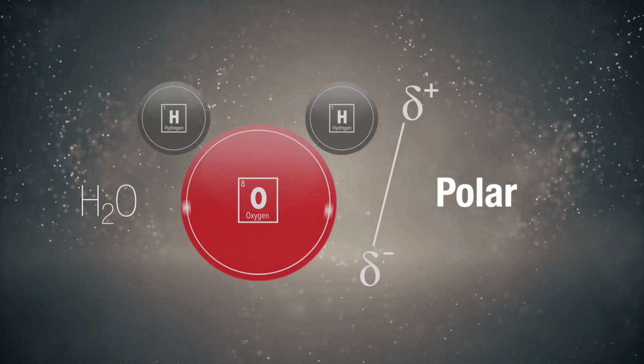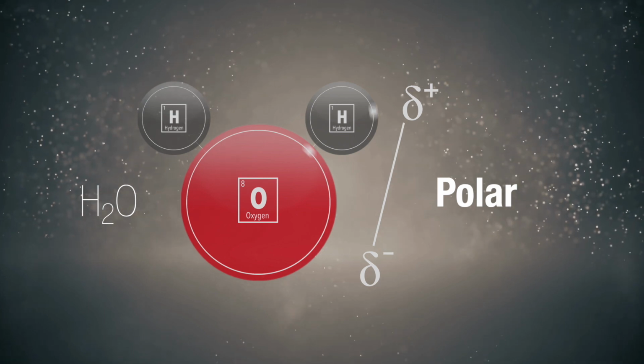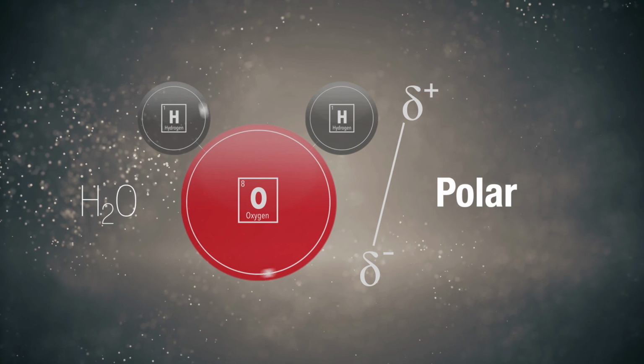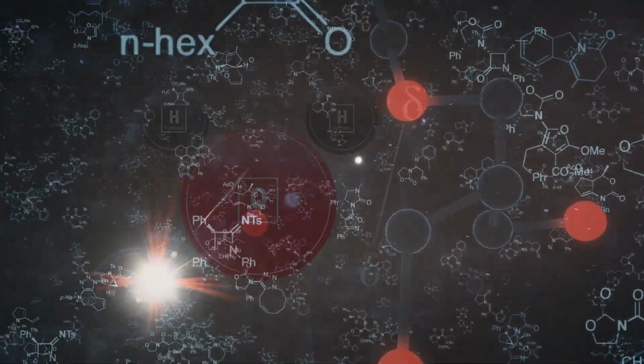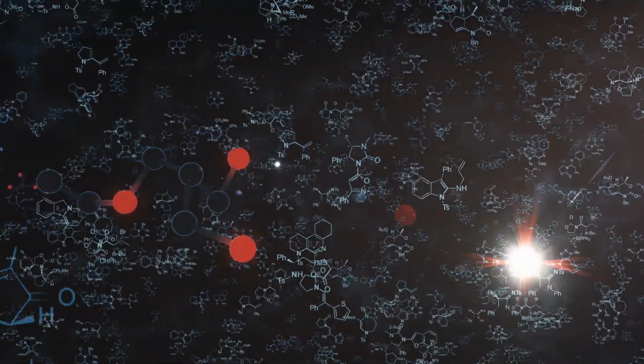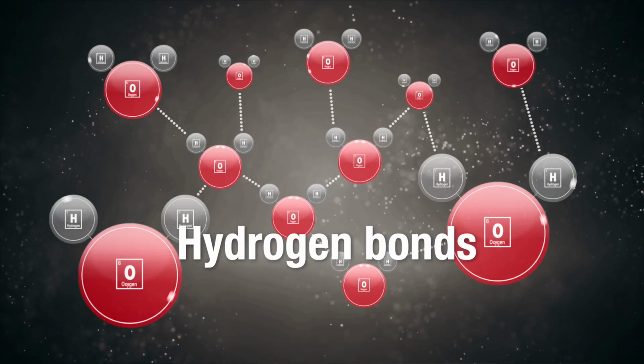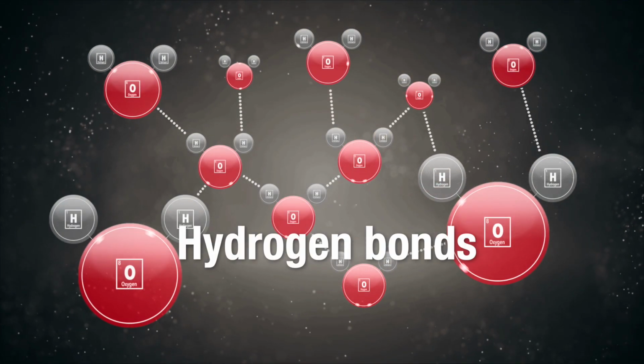This makes the whole molecule polar, meaning that we get a slight difference in charge between the ends of the molecule. And similar polarity can be found in other molecules held together with covalent bonds. These polar molecules can in turn form electrostatic forces and generate weak bonds between molecules.